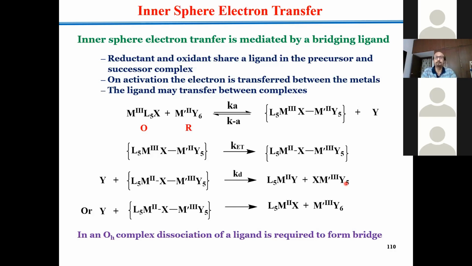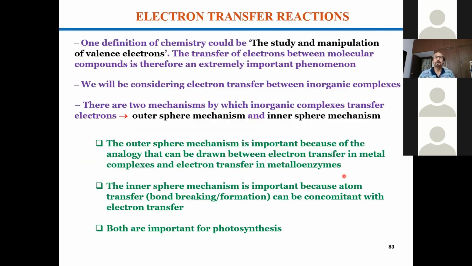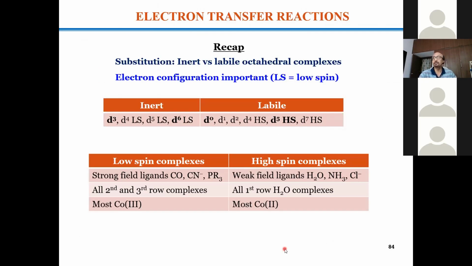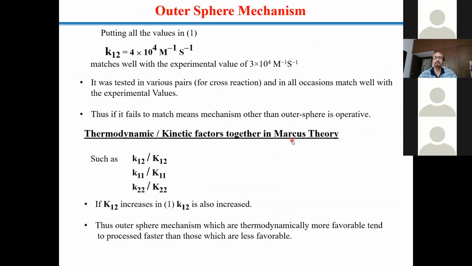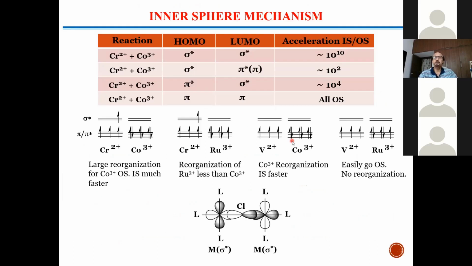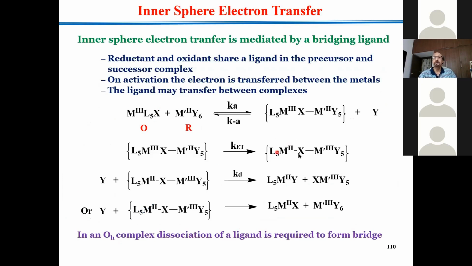You could remember that before starting this electron transfer, I had shown one slide where we talked a little bit about the labile and inert situations, which electronic configuration could be considered inert and what could be considered labile. In the octahedral situation, similarly, you can think about other geometries. So whether X will remain attached or associated with the initial M, or it will move to the M prime, everything depends on the inert and labile feature of this.